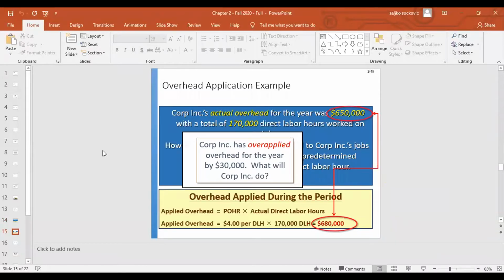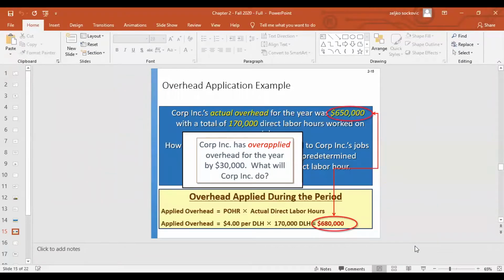Professor? Yes. Do we use this number to estimate for next year, or is this information only used for this period, and then next year we just estimate a different number? Okay. Unfortunately, I cannot see the names for some reason, but who is asking? My name is Julia. Julia, very good question. But be more specific.